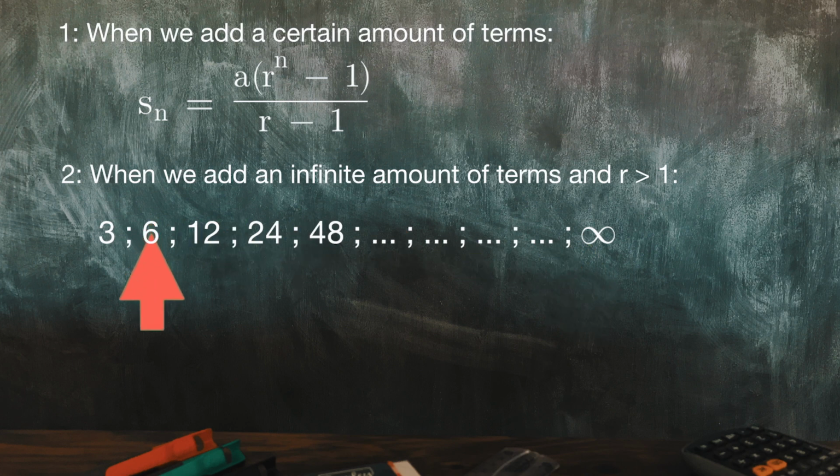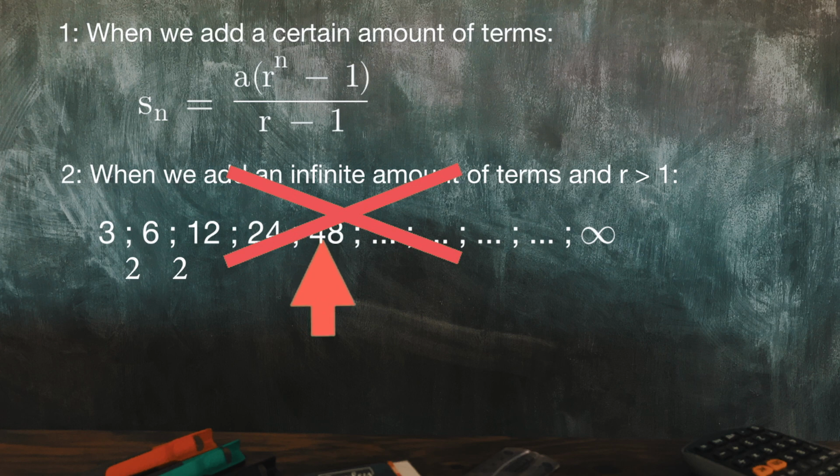Let's look at the constant ratio. 6 divided by 3 is 2 and 12 divided by 6 is 2. Can you see that this constant ratio is greater than 1? That's a very important fact, because if the constant ratio is greater than 1 and we want to add an infinite amount of terms, our answer will be infinite. We cannot really work this out; you just know that the answer is infinite.